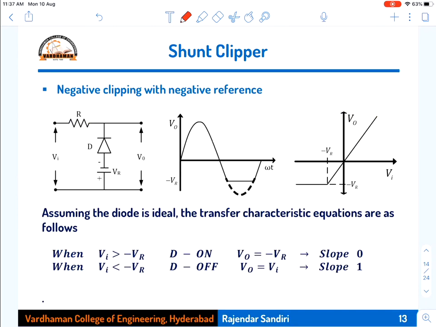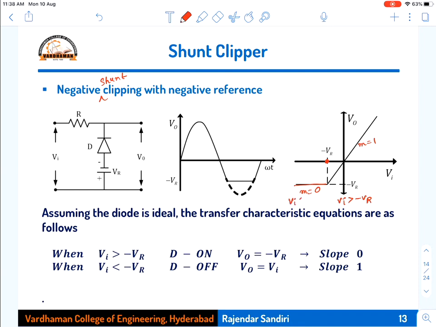Again it is a shunt clipper, a negative shunt clipper with negative reference. The reference is negative, therefore I have taken it on this side. Up to that negative reference the slope is 0, after that the slope is equal to 1. This is slope equal to 0, this is slope equal to 1. So Vi greater than minus Vr, the slope is equal to 1.